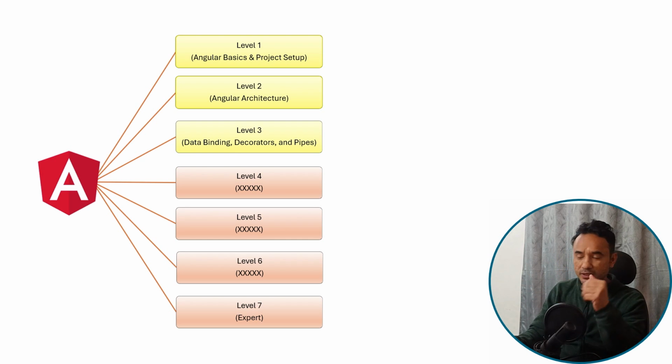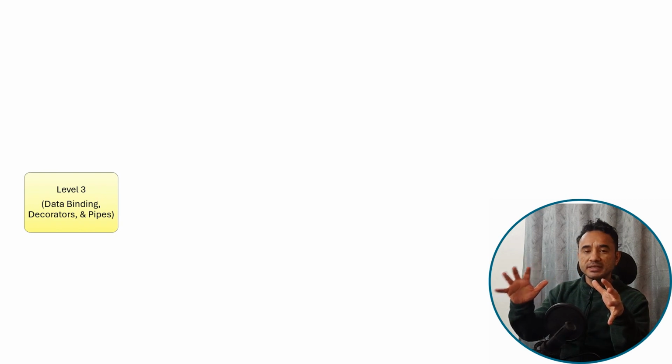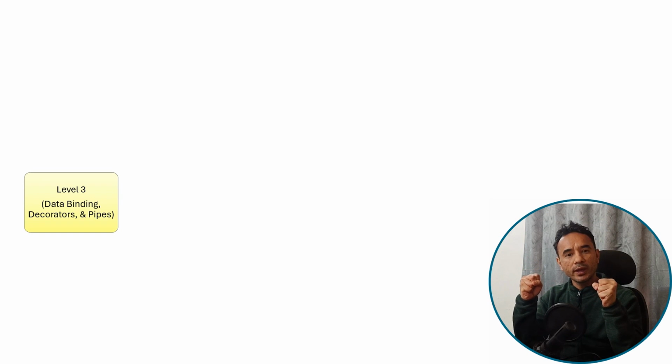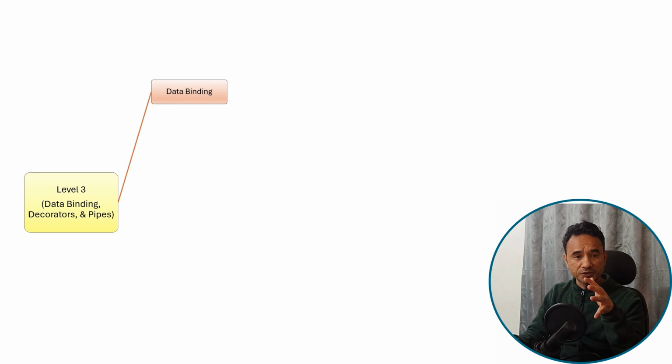Now let's continue to the roadmap. So here is our level 3 where we have data binding, decorators, and pipes. Okay, so basically here we will learn how Angular connects everything together. Okay, for that first we have the data binding concept.